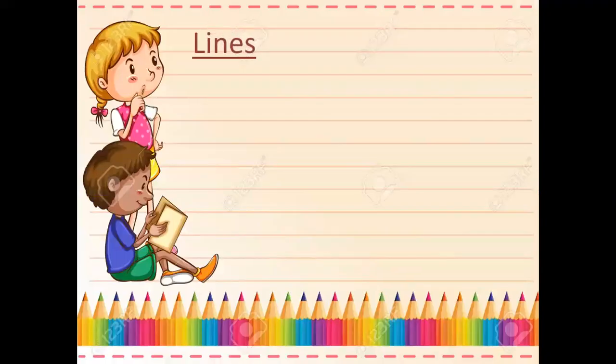First of all, we are going to learn and recognize the lines, because all these lines we need in our learning of alphabets. So it's very important to learn and recognize the lines. Look here carefully.